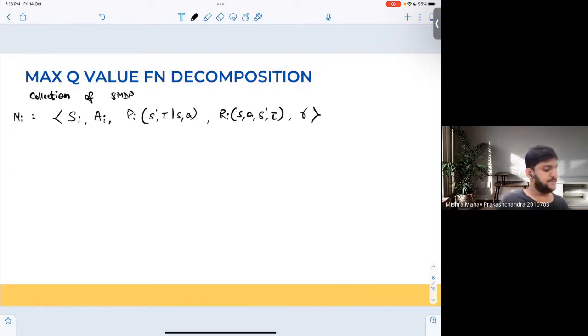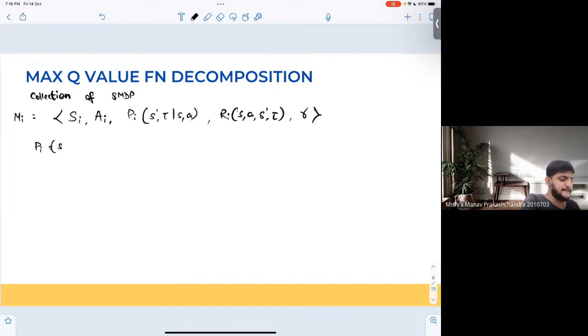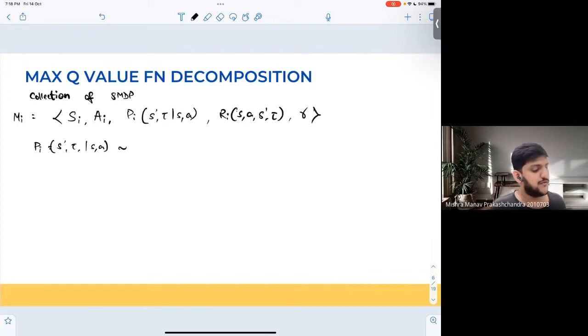It's a 5-tuple. On closer look, we can see that this transition probability part tells me that once I take a certain action, if it's not a primitive action, then what I'm doing is invoking another subtask lower in the hierarchy, right? So I'm going down the hierarchy, down the tree.